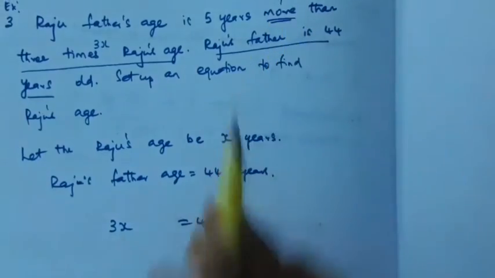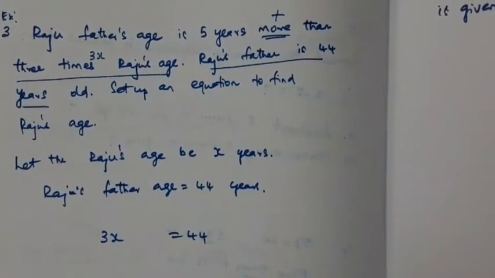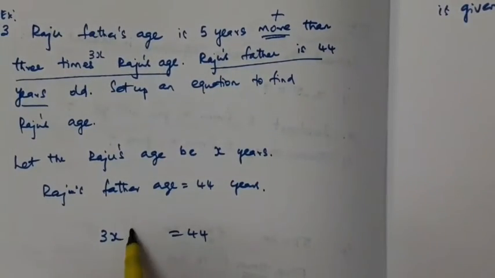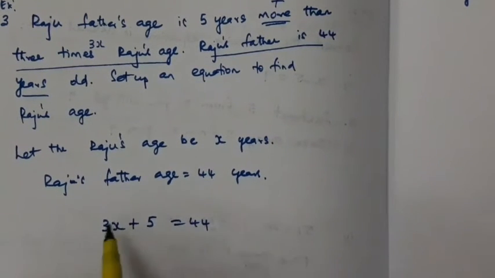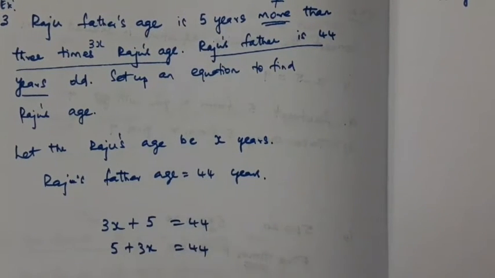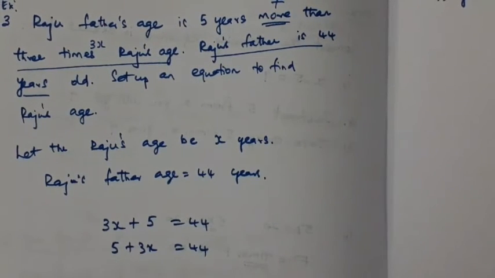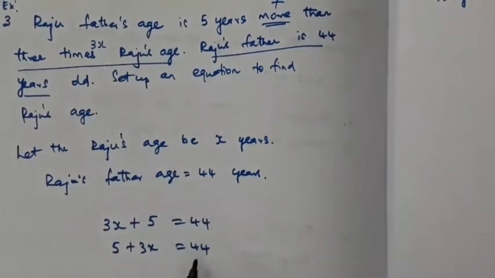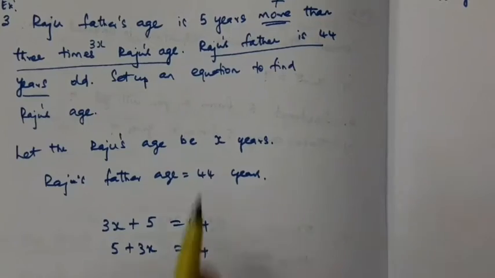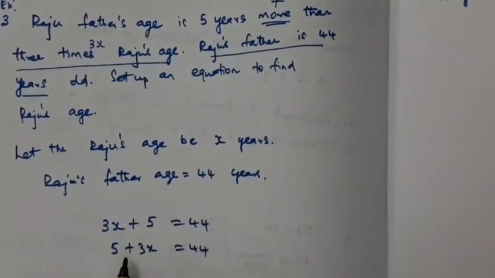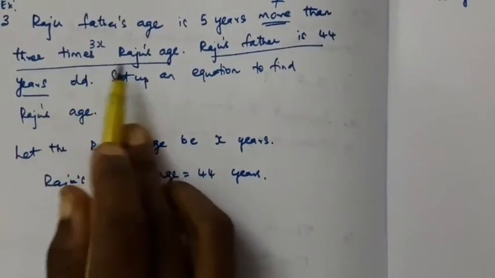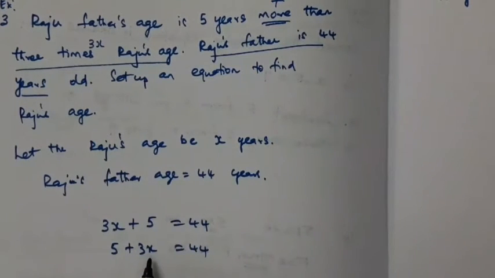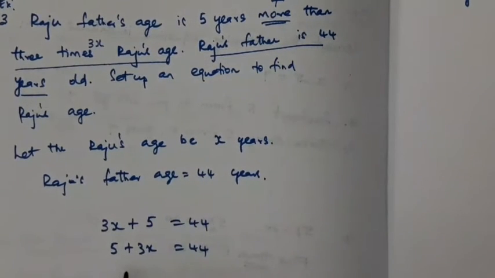Yeah, addition. 5 years more than 3X, so this is 3X plus 5. Either you can write 5 plus 3X. 5 plus 3X equal to 44. Both are same. So now we can see Raju's father's age is 44, which is 5 more than 3 times Raju's age. So 3 times X, X is Raju's age. This is the equation.